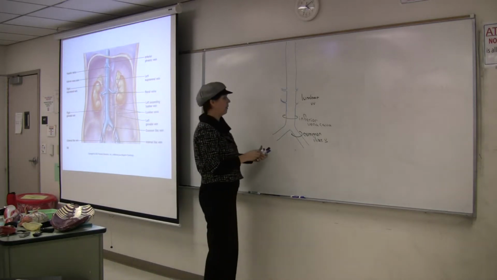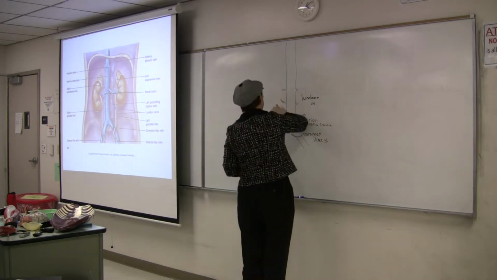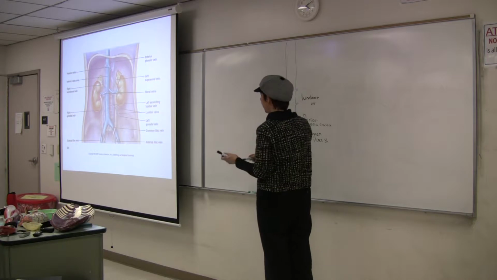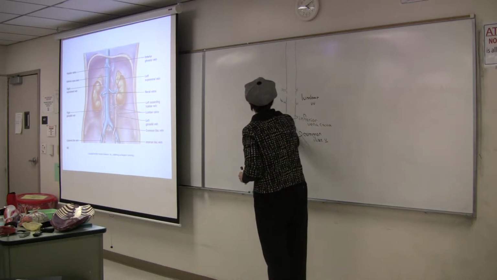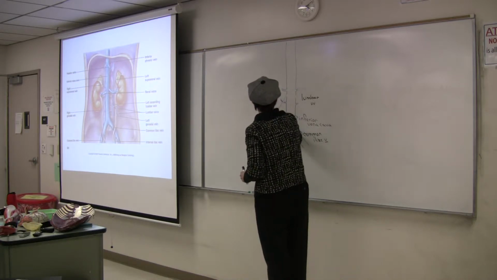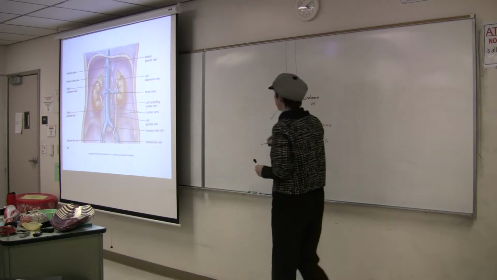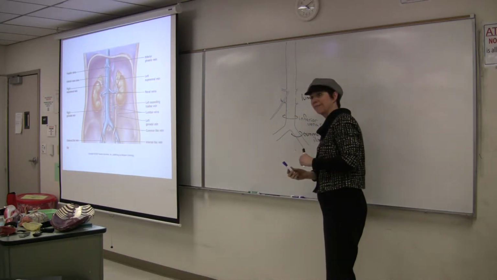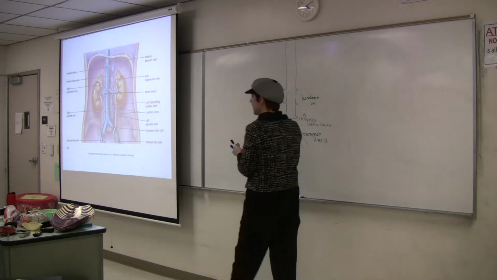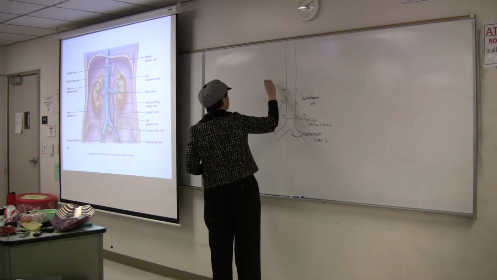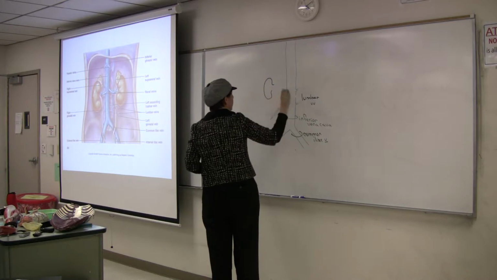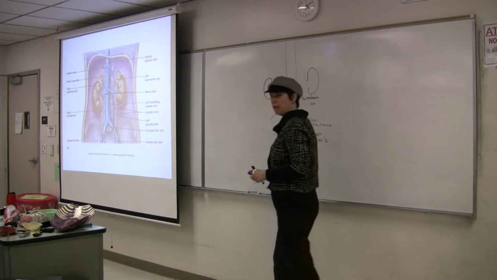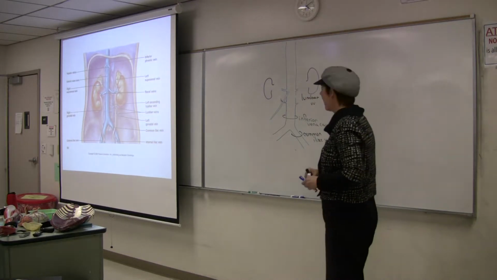So the next vessels we're going to talk about are the gonadals. So the right gonadal vein, ovarian or testicular, is going to drain into the inferior vena cava. The left one does not. The right kidney is usually a little bit lower than the left kidney. It's thought because of the large liver that's on the right side.